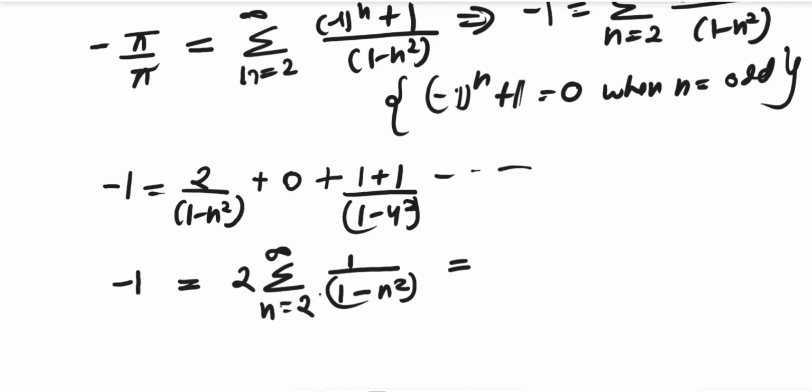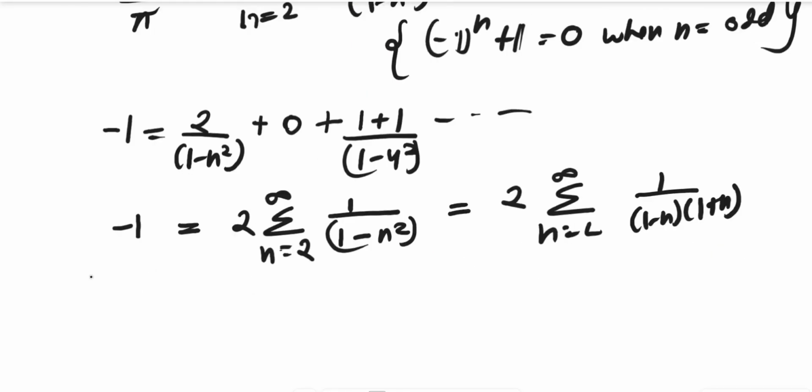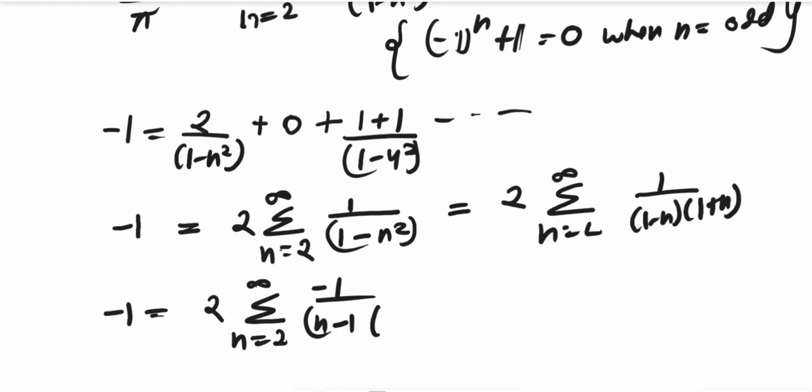So 1 minus n square को हम separate करके लिख सकते हैं, it is 2 summation n from 2 to infinity 1 upon 1 minus n and 1 plus n. So it is minus 1 is equal to 2 summation n from 2 to infinity 1 upon, take minus common, minus 1 upon n minus 1 and n plus 1 form.